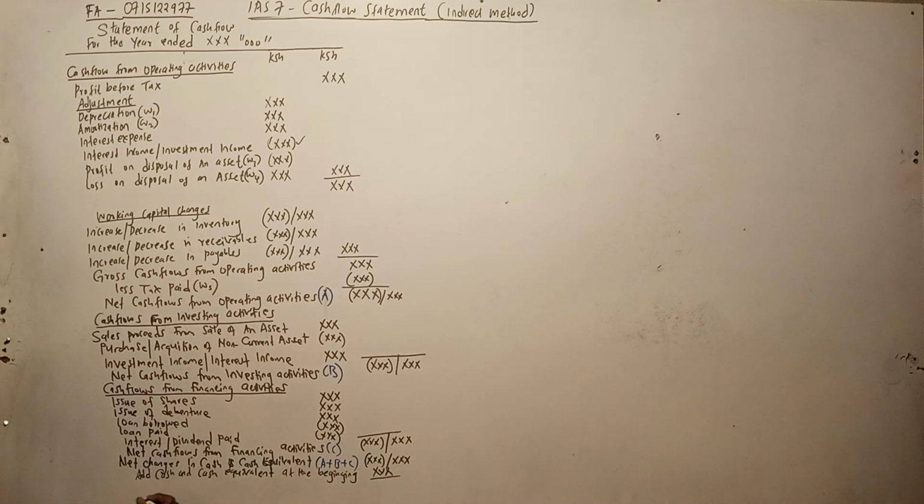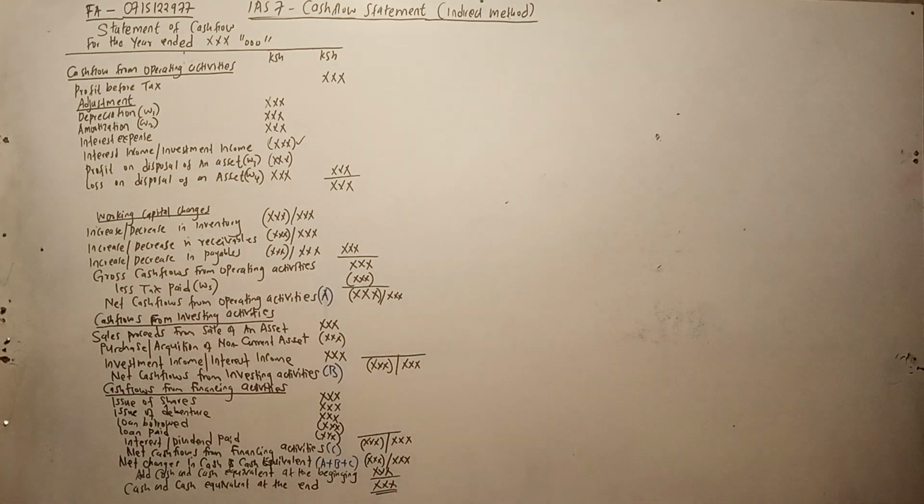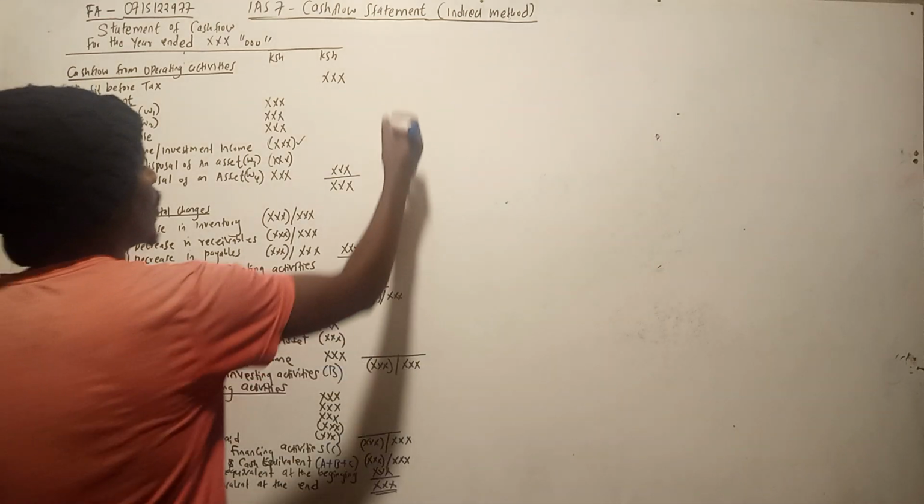Ukishapata hiyo, then we shall get cash and cash equivalent at the end. So that's our format. Sijui kama nimetoka nje. I think that is okay. Bas. That's how you are supposed to do that question. You are supposed to use that format, the format in a hivyo.